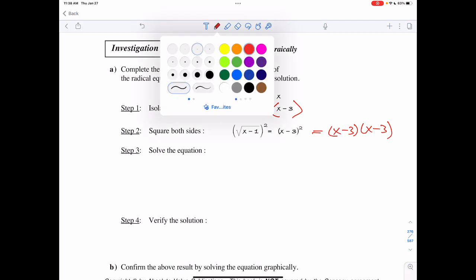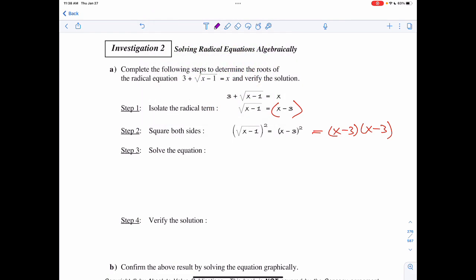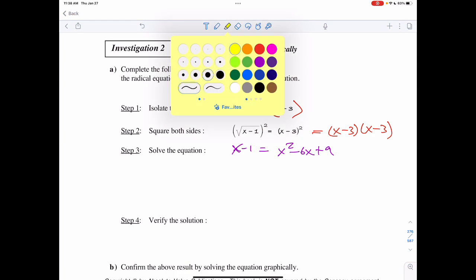So when I square both sides, this is still just going to become x minus 1. But this side is going to be x minus 3 times x minus 3 is x squared minus 6x plus 9 when you FOIL it out properly. Then I need to move everything to one side of the equation because I have a quadratic, and I need to solve it like I would any of my quadratics.